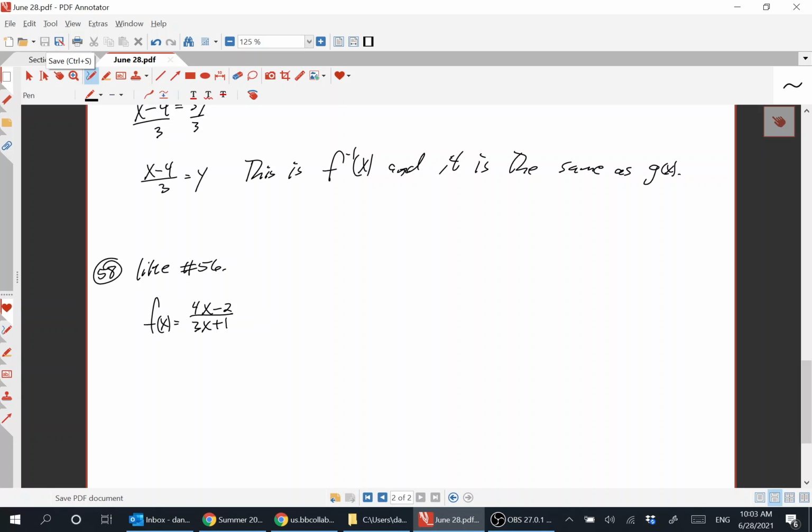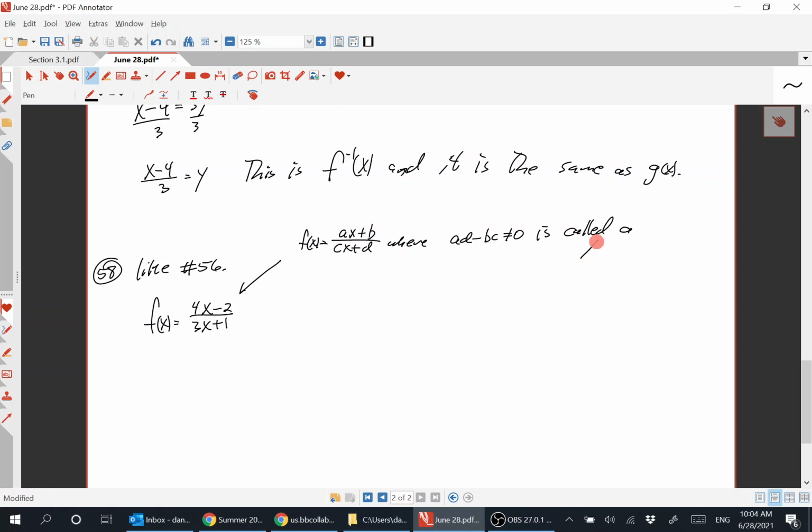So again, this is this type of function: a linear polynomial divided by a linear polynomial. f of x equals (ax plus b) over (cx plus d), where there's one condition, ad minus bc is not 0.